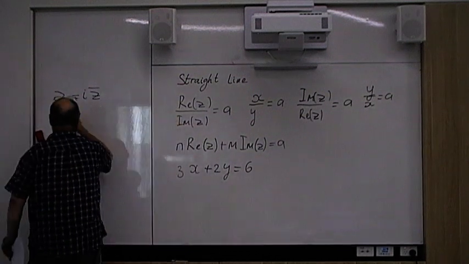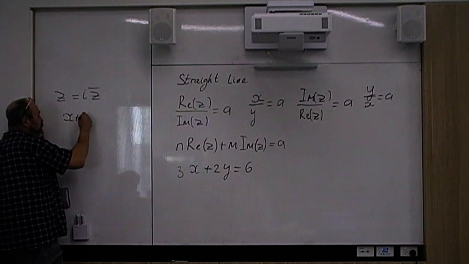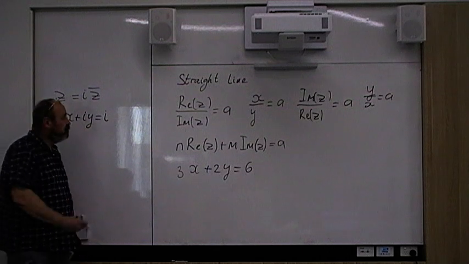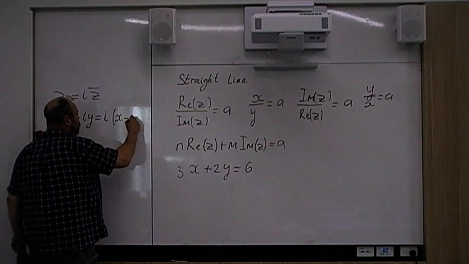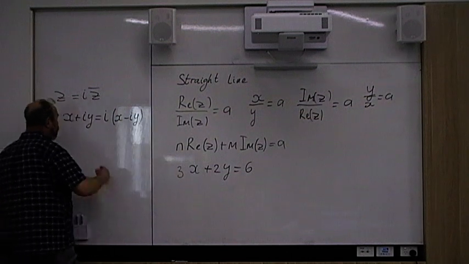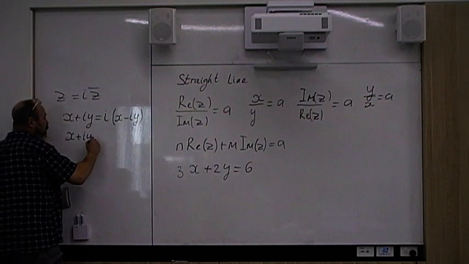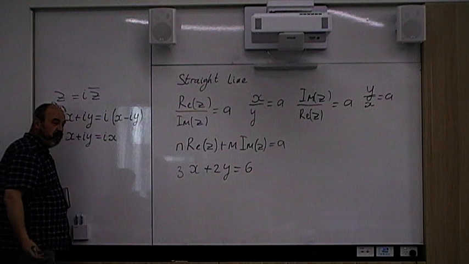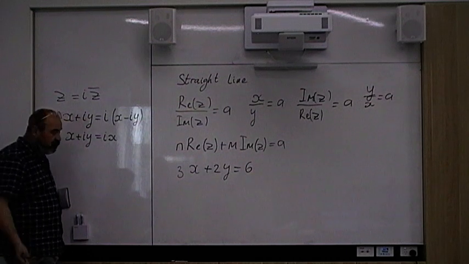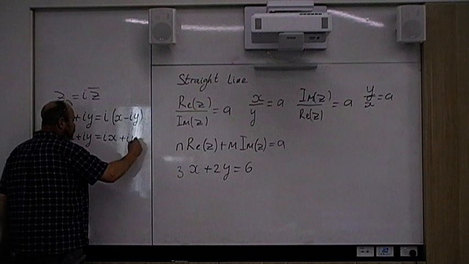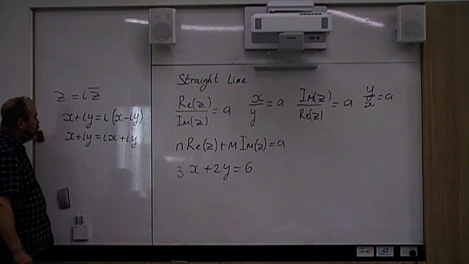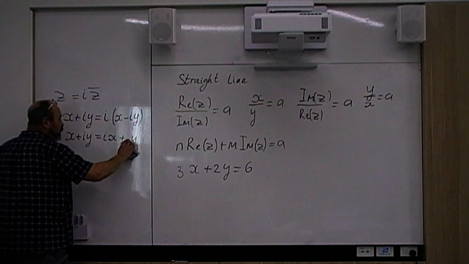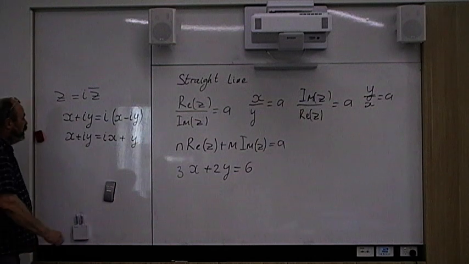We have z equals x plus iy, and the conjugate is x minus iy. So x plus iy equals i times (x minus iy), which is ix minus i squared y, and i squared is negative 1, so plus y.